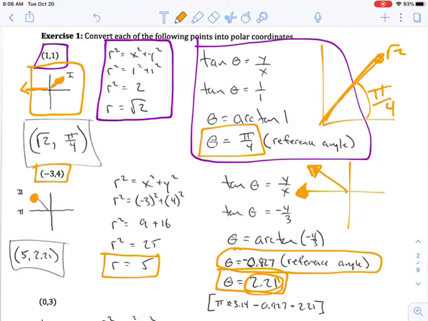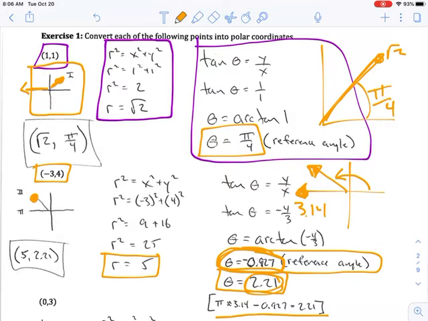2.21 radians is going to be here. That's where I came up with the angle. I'm sorry, the reference angle was a negative 0.927. Subtracting that from 3.14 gives me the 2.21. So again, what I'm doing is I know that the negative x-axis over here is 3.14 radians.